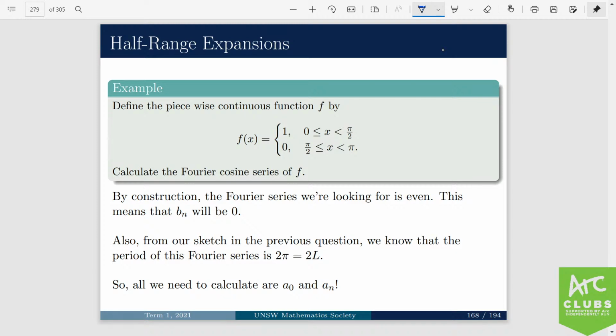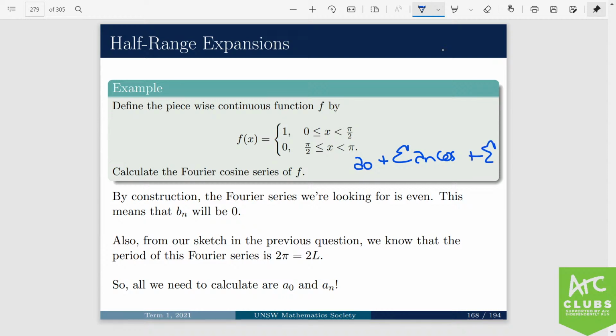So when we're calculating an even extension of this, by construction, we're looking for something that's even. We know from the lecture notes that when we're looking for something that's even, we've got our A naught plus the summation of an cos.